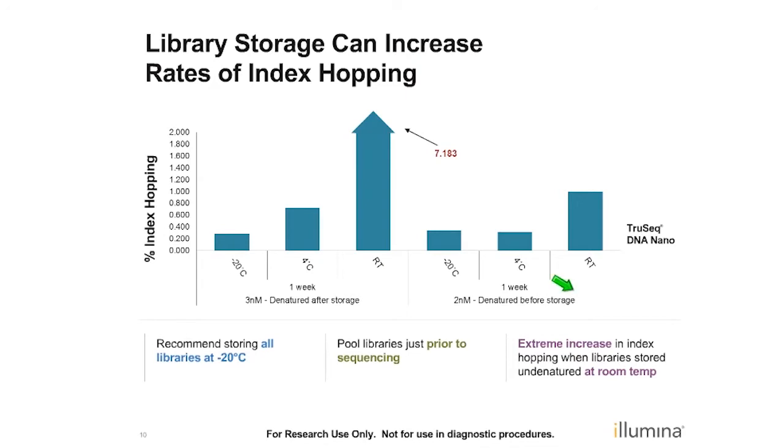And what you can see is that this bar here actually goes all the way up to 7.1% index hopping. So storage of undenatured libraries at room temperature can lead to very high levels of index hopping. I doubt if anyone stores their libraries for a week at room temperature, but basically I think you can see the trend that keeping them at -20 degrees is by far the safest way to store the libraries.